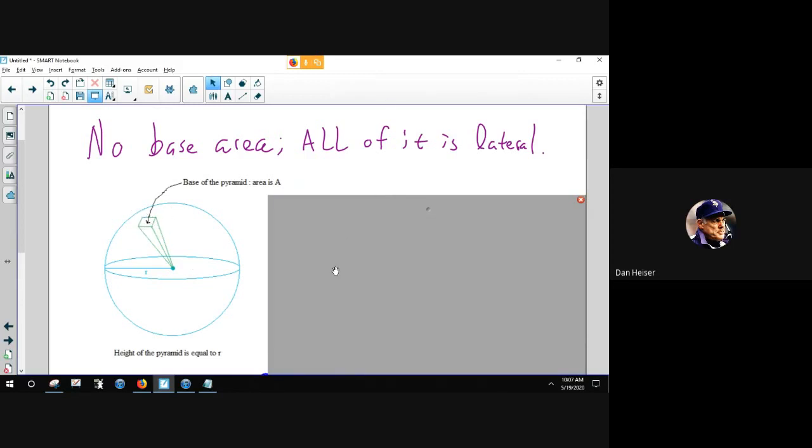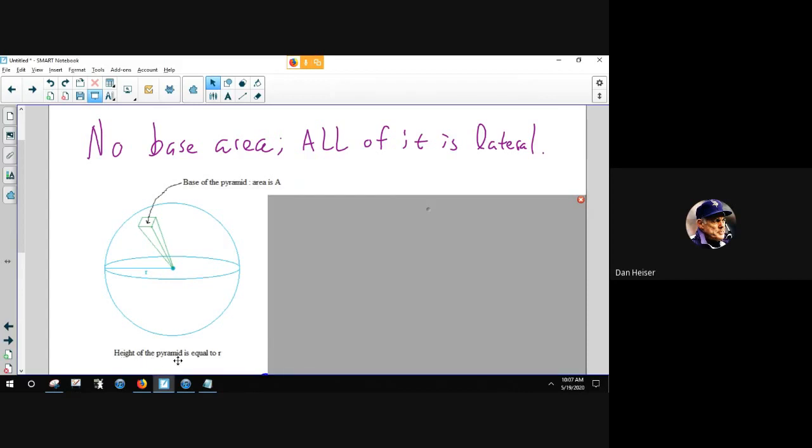There's a little bit of a curve to them, but we'll work with that. So there's this somewhat square that's been drawn on the surface, and then all these vertices have been connected to the center, creating a pyramid. The only piece of the pyramid on the surface of the sphere is this base shape. And we've called the area of that shape capital A.